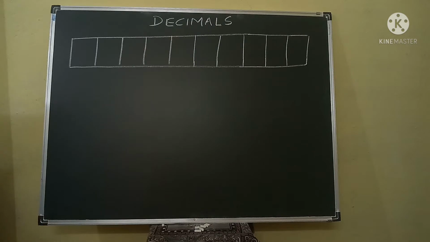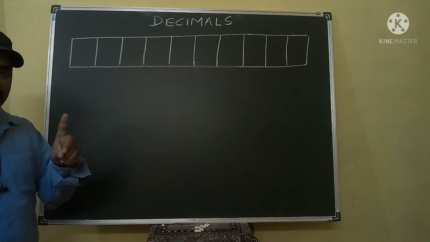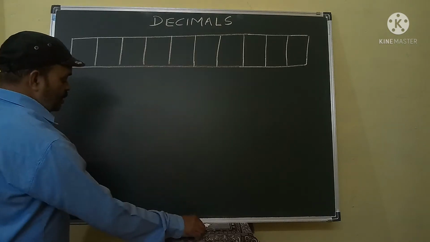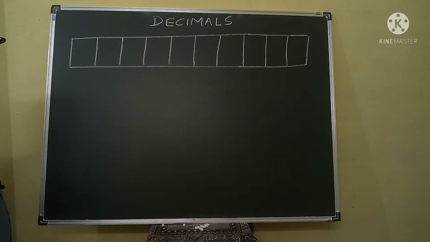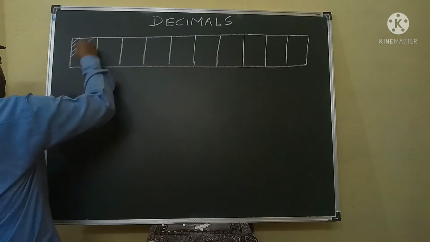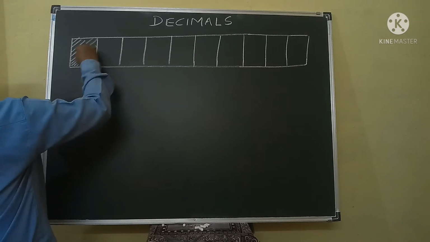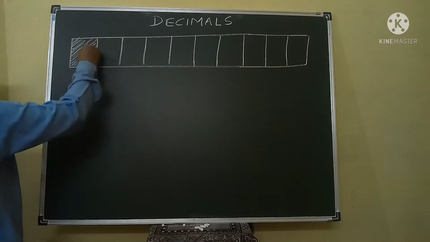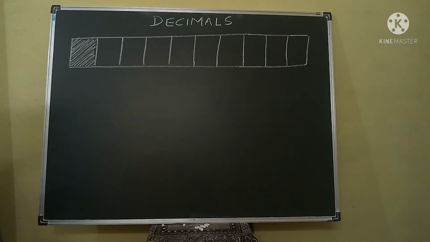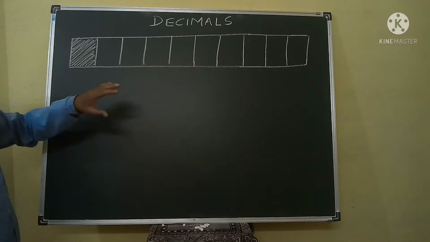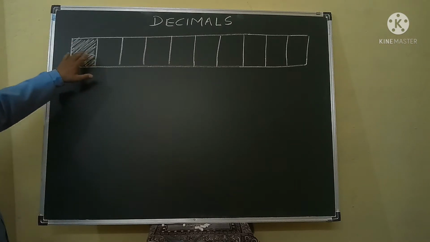In these 10 equal parts, I will take only one block. That means only one block is shaded. What is the value of this shaded block?